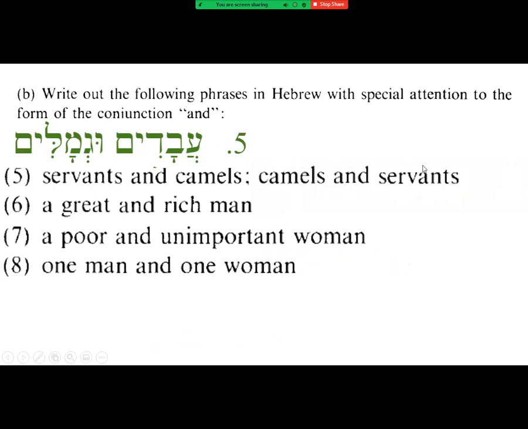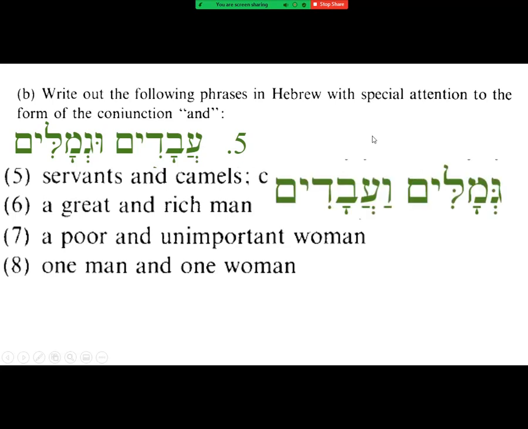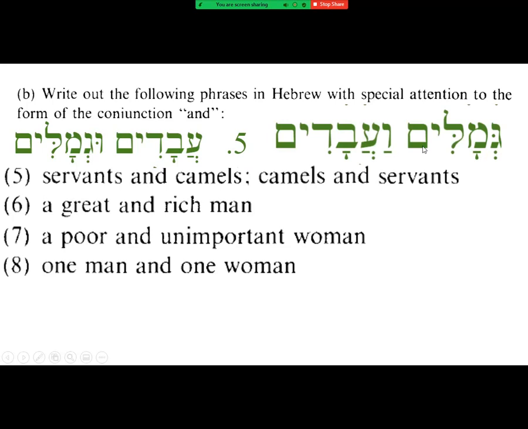Now, if you change the order here, what does that change? Well, gamalim is going to be the same, but now you put a vav in front of this, you're going to just put that same vowel over there. So we're going to have gamalim va'avadim. So they have a lot of ahs there.